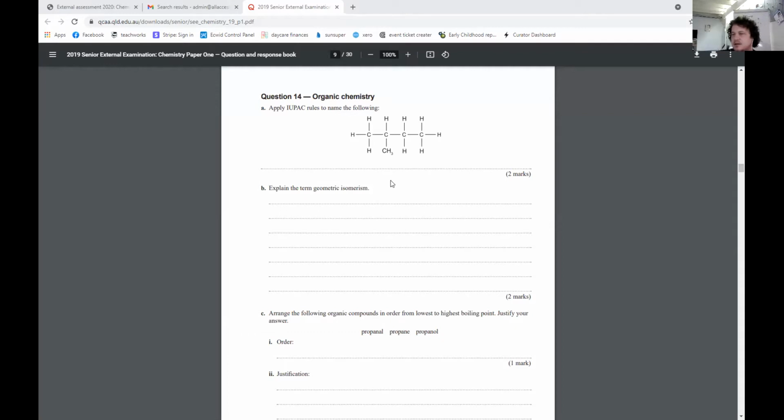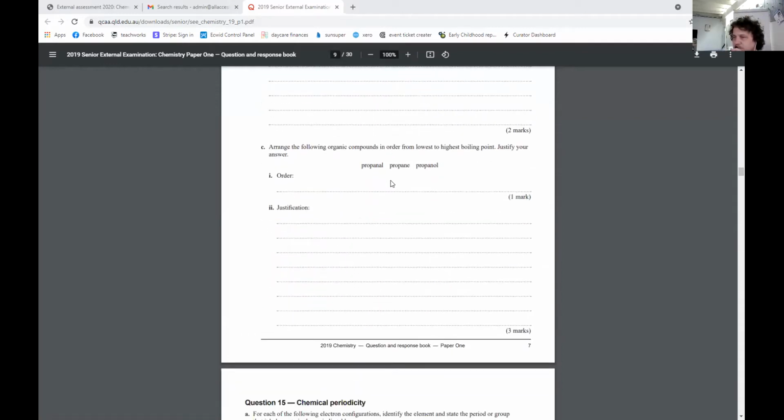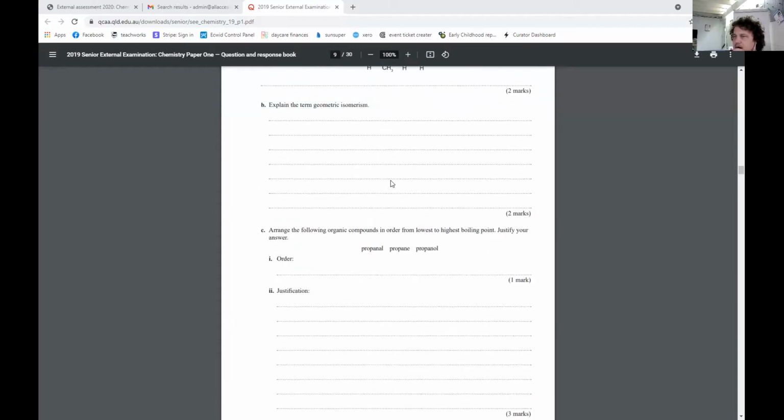Everyone's going to have 3 minutes to answer this and justify why. And then we can go through the answer. And I think we'll leave it there because that's all the organic chem questions.